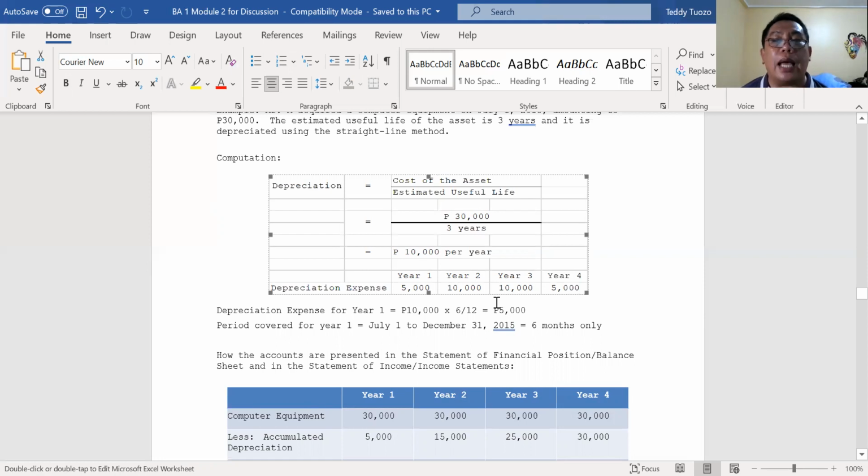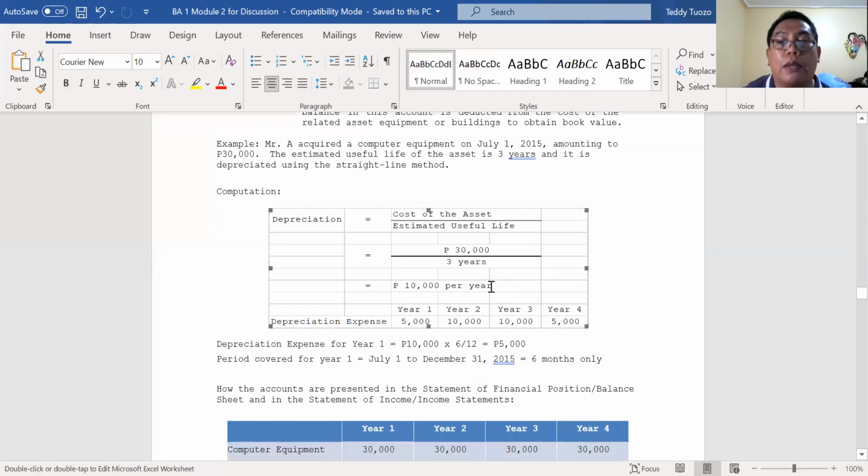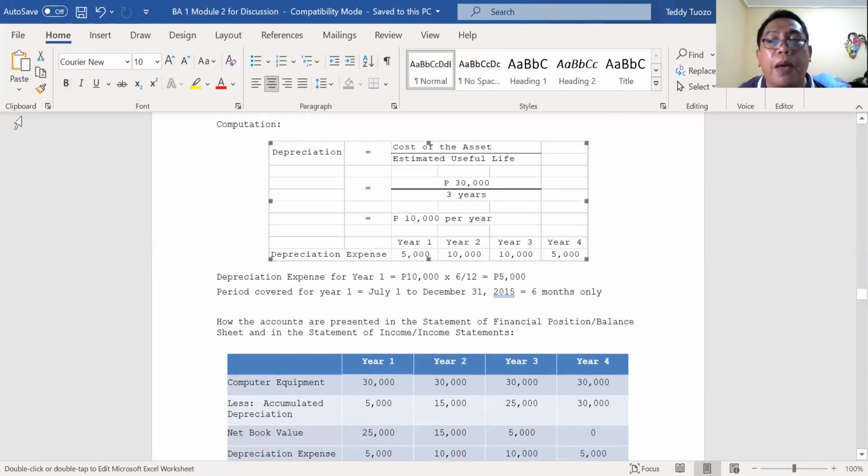For year 1, remember, the purchase was on July 1, 2015, so it is only 5,000 and not 10,000, because the computer equipment was bought in July. July to December, if a calendar year is used, is only 6 months. So 1/2 of 10,000 is 5,000.